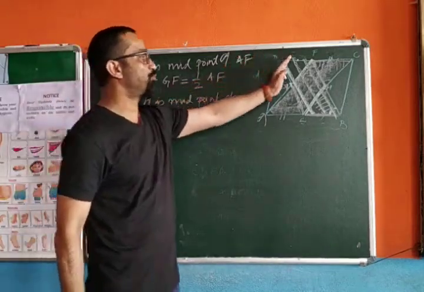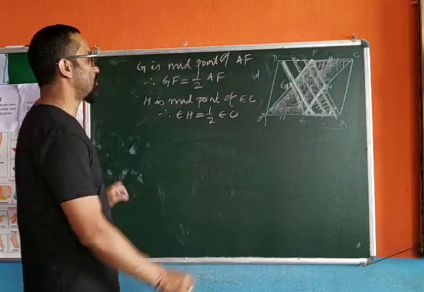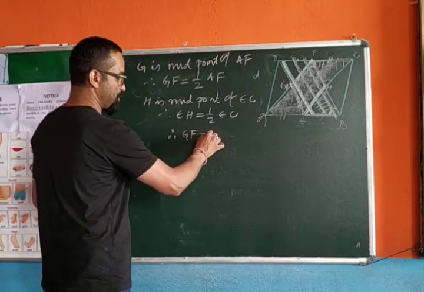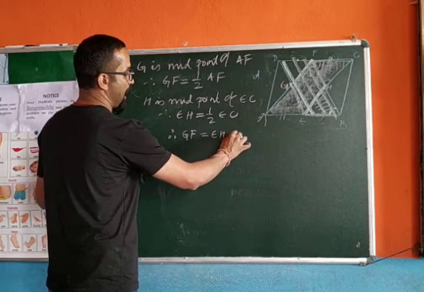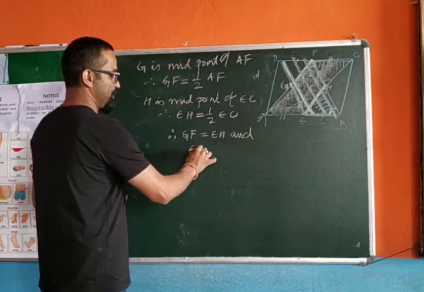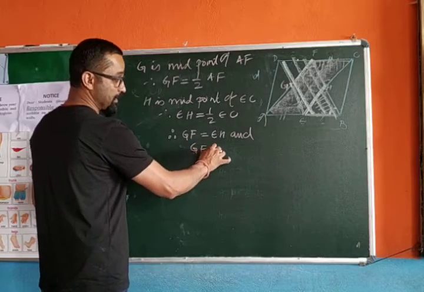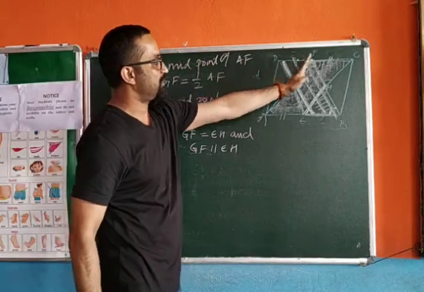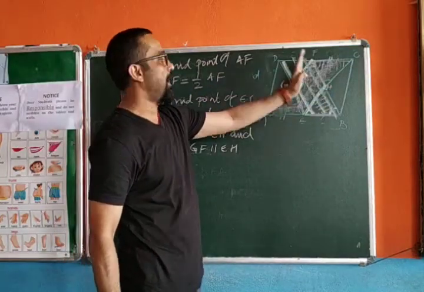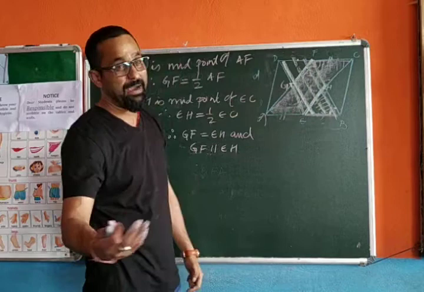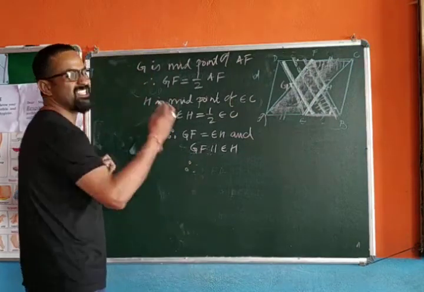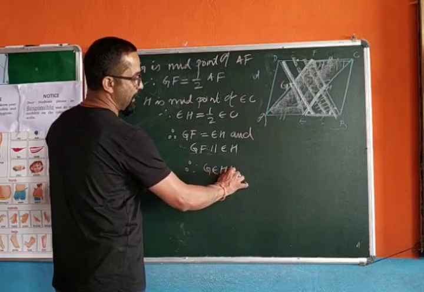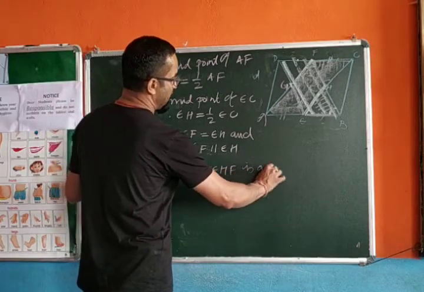And we have already proved they are sides of the parallelogram. Therefore, GF is equal to EH and GF is parallel to EH. When two sides are equal and parallel, we can prove it is a parallelogram. Therefore, GEHF is a parallelogram.